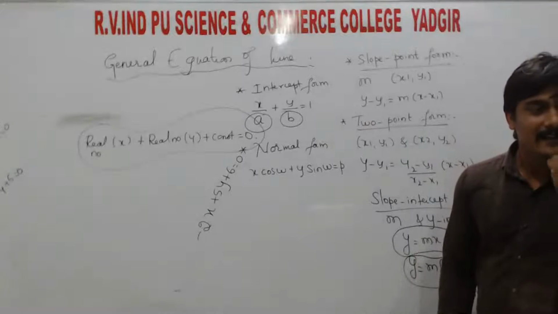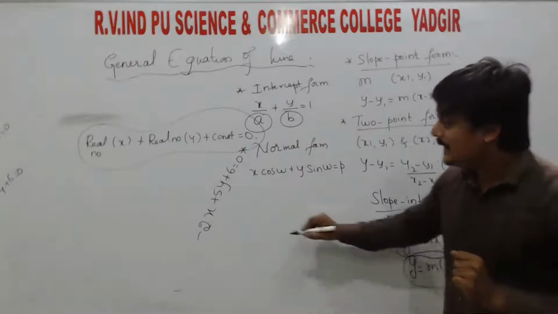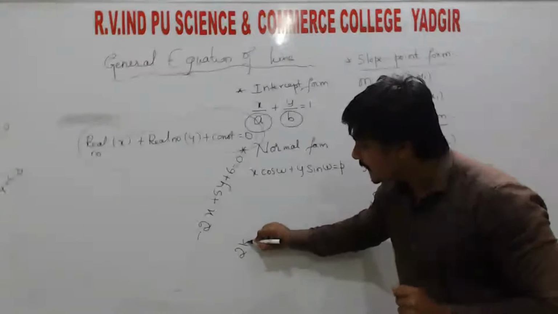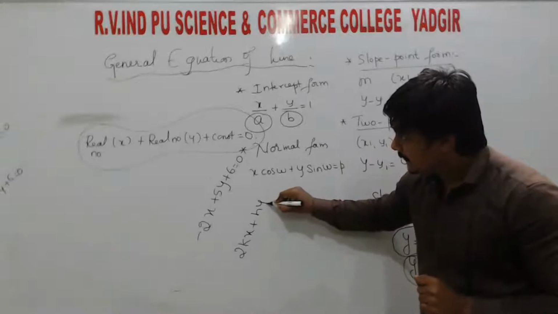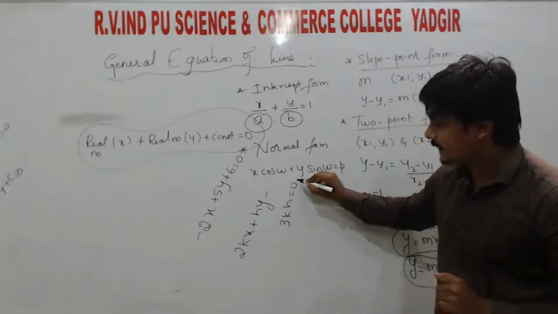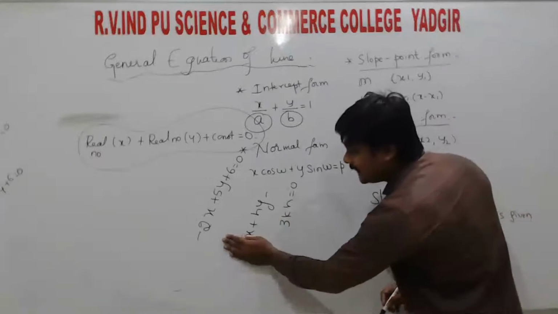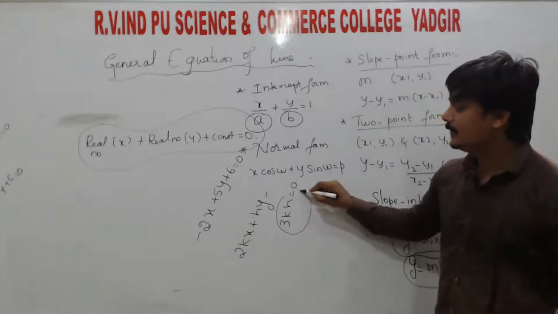If you consider the 19th problem, children, where you found the equation of the straight line, look at how you wrote it at the last. You already have the reference: 2kx plus hy minus 3kh equal to 0. How did you write it? Real number into x plus real number into y plus constant equal to 0.